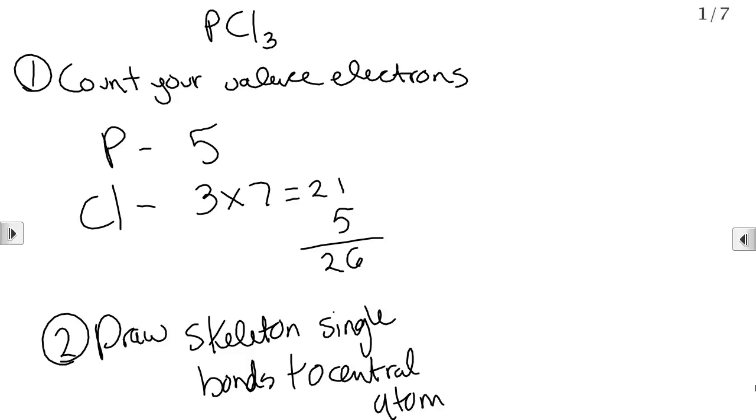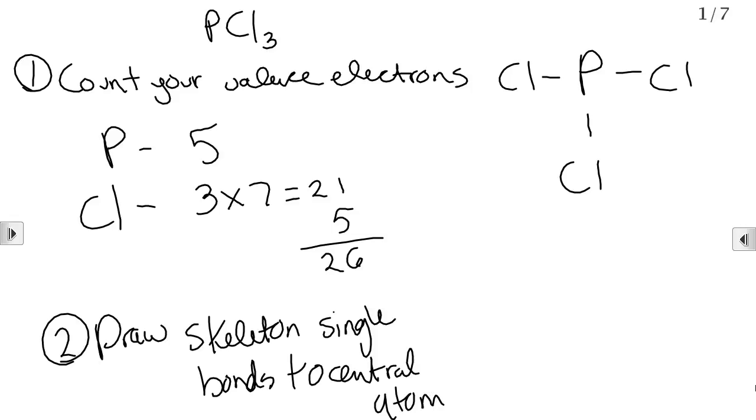In this case, phosphorus is less electronegative than chlorine, but when you have 3 of something and 1 of something, that 1 of something's probably in the middle. So I'm going to draw phosphorus, and I'm going to draw a single bond to all 3 of the chlorines. All right? Now, that's 6 electrons, 2, 4, 6. And I need to have 26 in this picture.